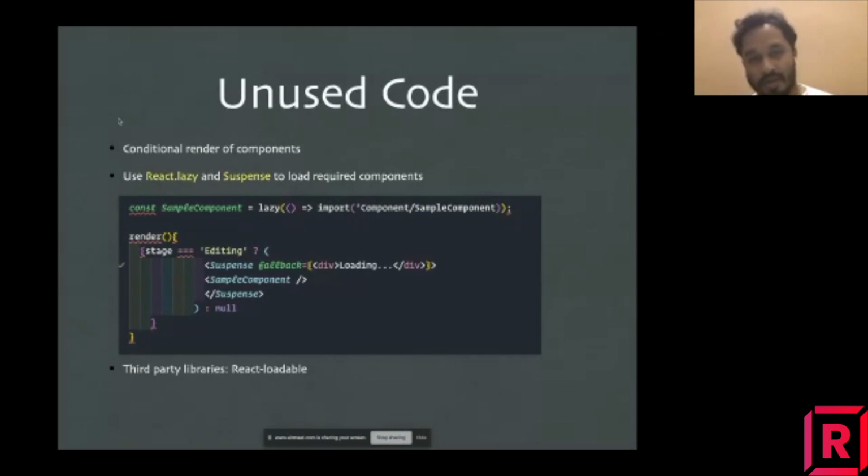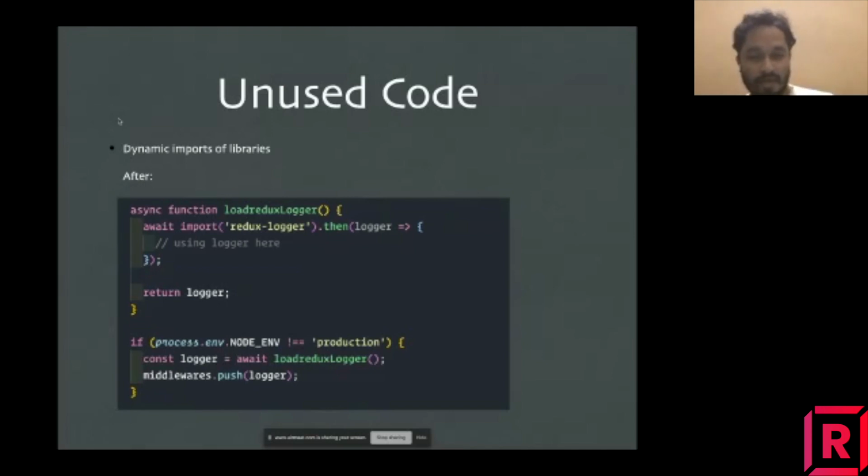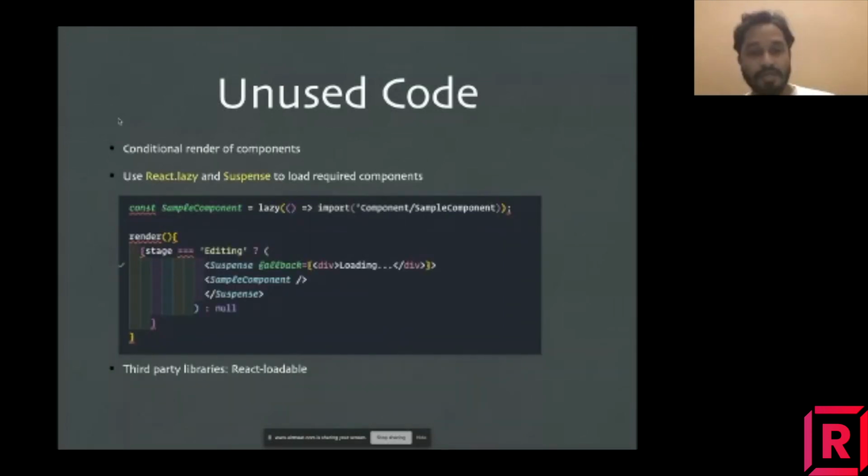Now, there is another interesting way, since we have been talking about the libraries, it actually goes into conditional rendering of components too. In this, there is React Lazy and Suspense, which was released with 16.8. And what it says is that if you want to load a component, you can actually load the component when it's used, pretty much dynamic.